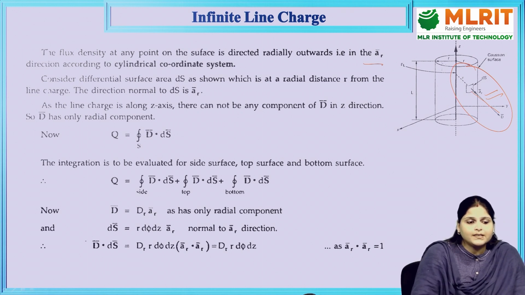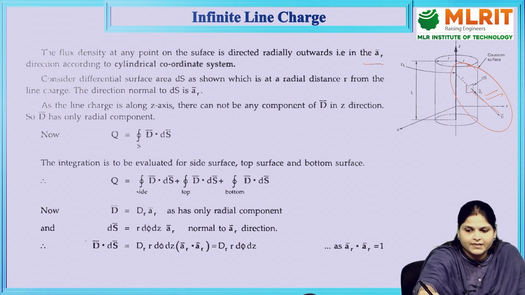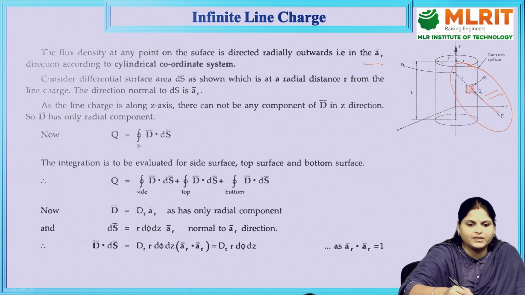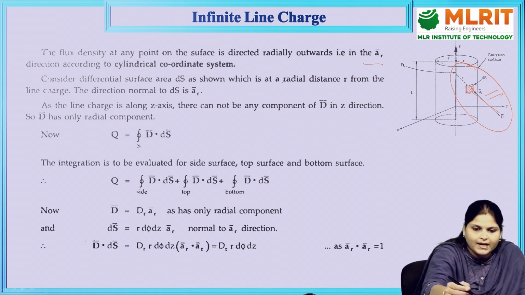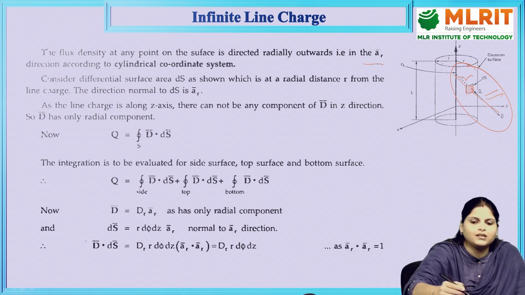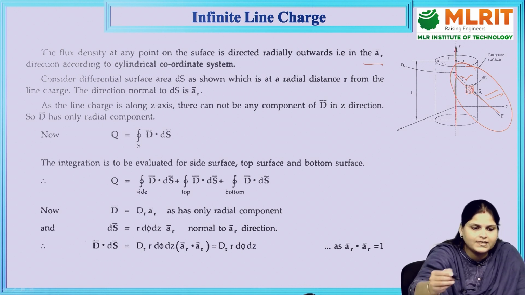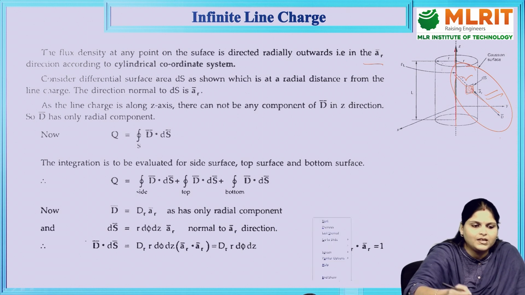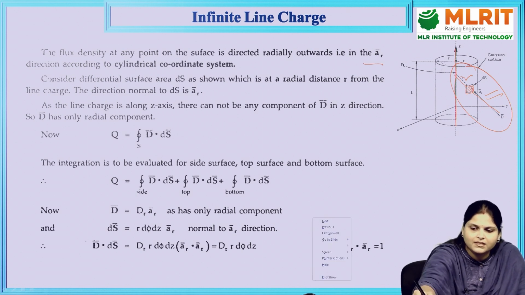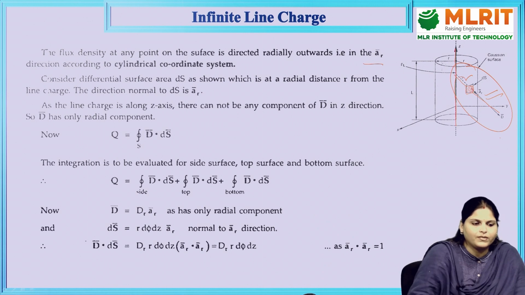Now let's consider a differential surface area dS here. This is the differential surface area, and it is at a radial distance r from the line charge, and this line charge we have considered is lying on the z axis. So the direction normal to dS is this a_r.